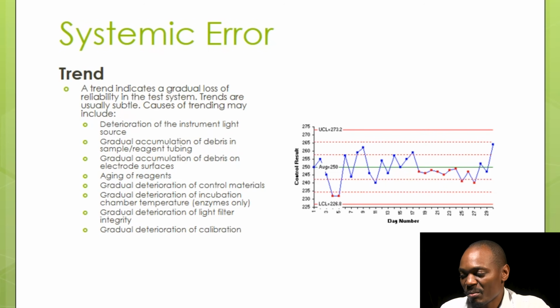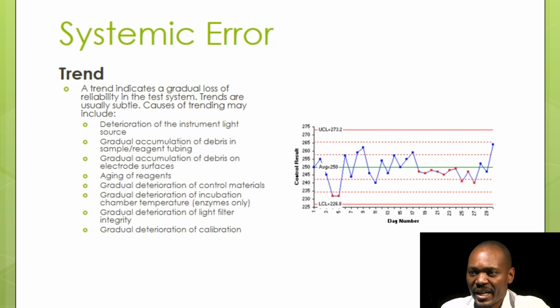Causes of trend may include deterioration of instrument light source, gradual accumulation of debris in sample or reagent tubing, gradual accumulation of debris on electrode surface, aging of reagent, especially on-board aging. Yes, the reagent might be within its shelf life, but it also has an on-board shelf life. And if it then deteriorates, it affects the outcome of results.